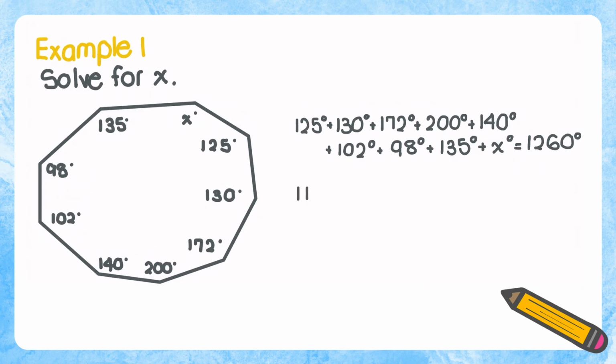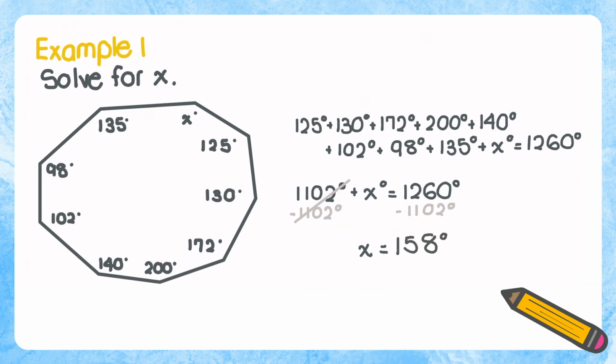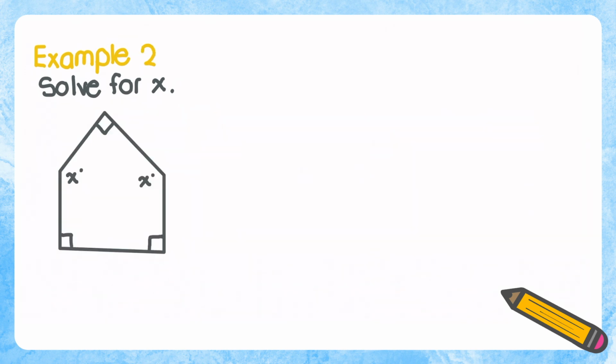So we add the angle measures together and get 1,102 degrees plus x degrees equals 1,260 degrees. To solve for x, I subtract 1,102 degrees on both sides, and I find that x equals 158 degrees. And you can check your work by making sure that all 9 angles in total add up to 1,260 degrees. Let's look at one more example.